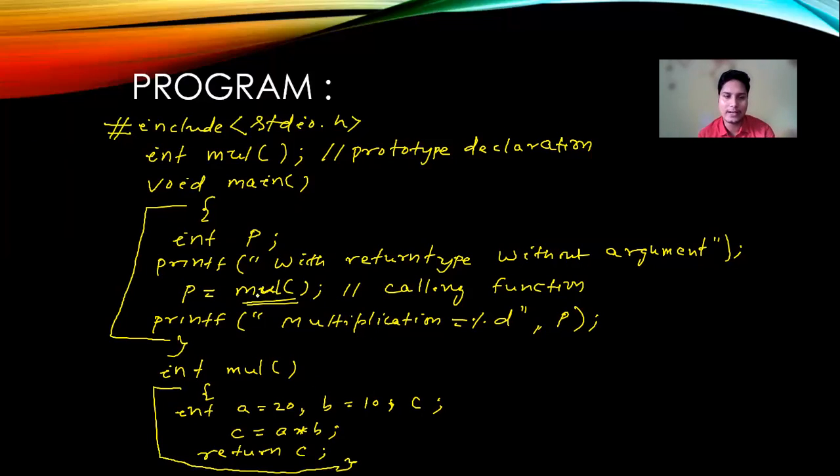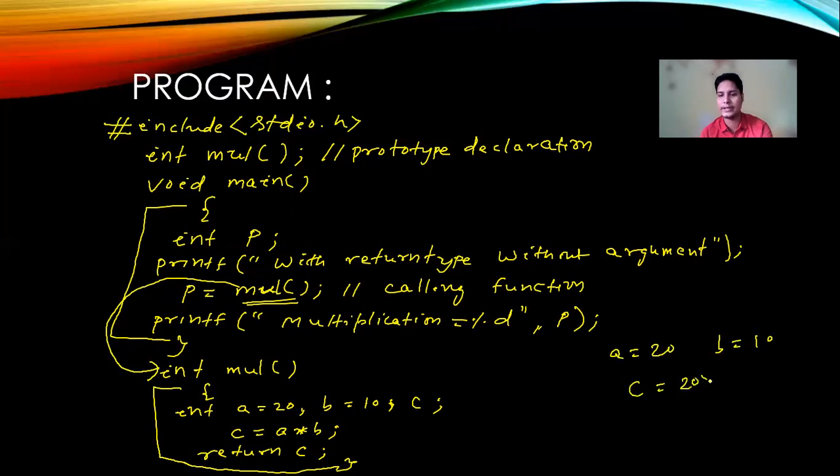When the compiler comes to this mul function call, it will go to the definition part of the mul function. In the definition part, there are three local variables declared. One is a whose value is 20, b whose value is 10, and c will contain the product of a and b.